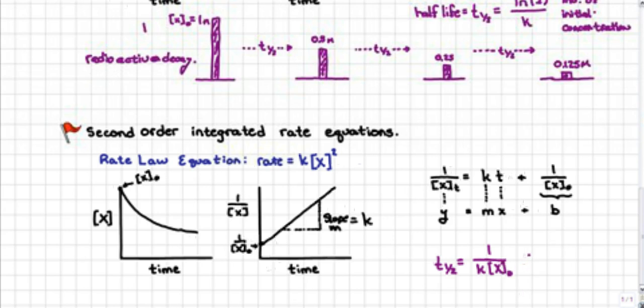Note also that just as it was the case for the zeroth order reaction, the second order reaction half-life also does depend on the initial concentrations. And so the first order reaction is the only one for which the half-life does not depend upon the initial concentrations of any of the reactants.